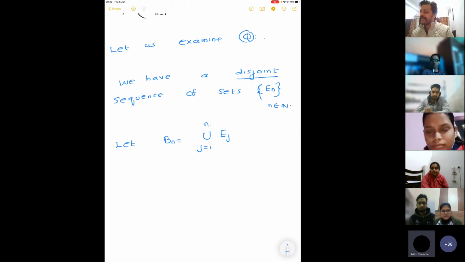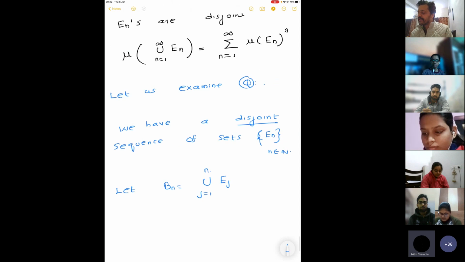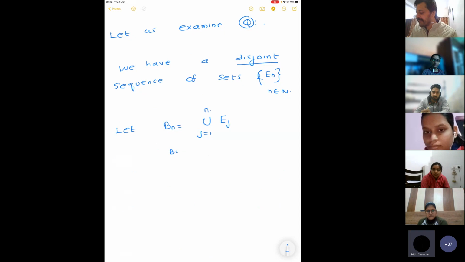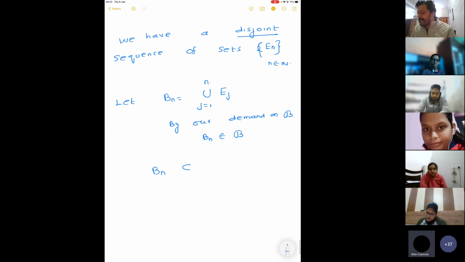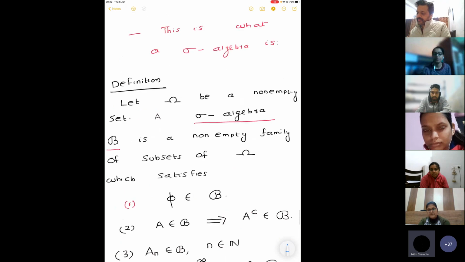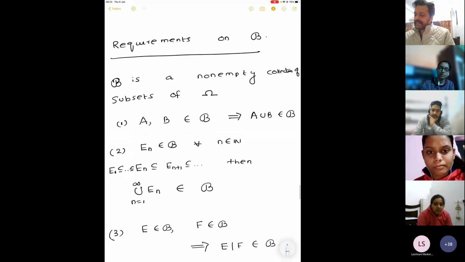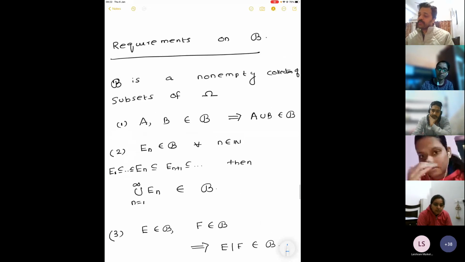Because of the demand on B, if the Ejs are in B, the union j equal to 1 to n of Ej will be in B. By our demand on B, the Bn's are in B. Do you see that Bn is contained in Bn plus 1? Yes, sir. Yes. So you can use property 2 demanded on B.